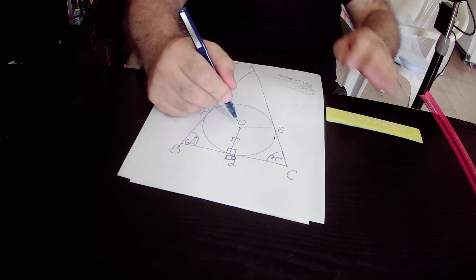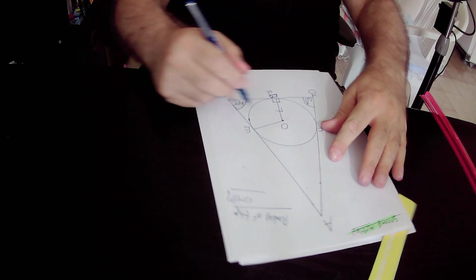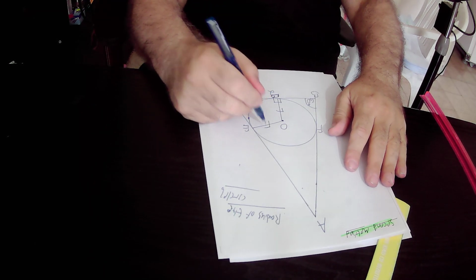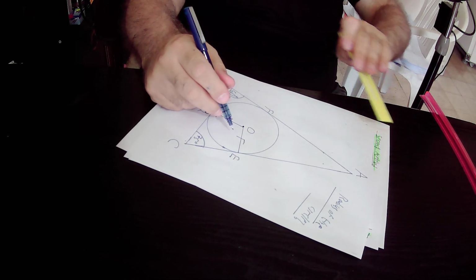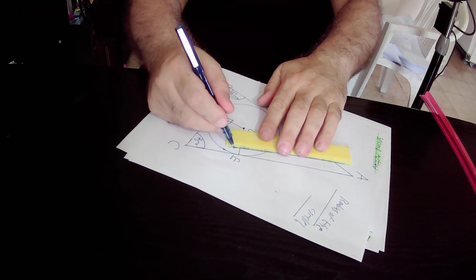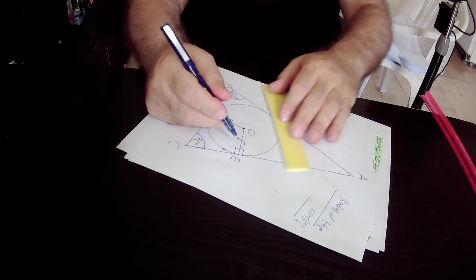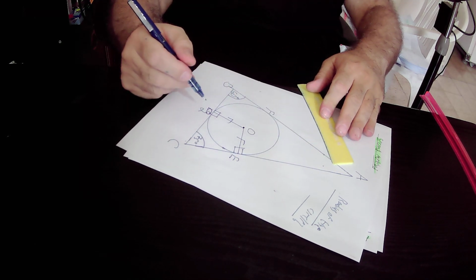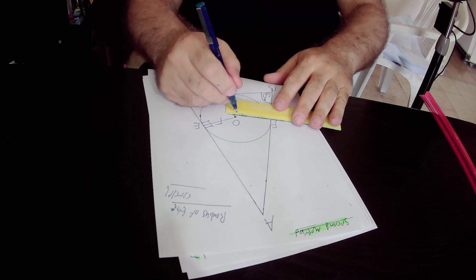Point O is the center of the circle, point E is the point of the circle itself, therefore OE is the radius of the circle that is equal to R. Again, here we have the radius OE that is drawn to the point of tangency, therefore this angle will be equal to 90 degrees, and this angle also will be equal to 90 degrees according to rule number 1.